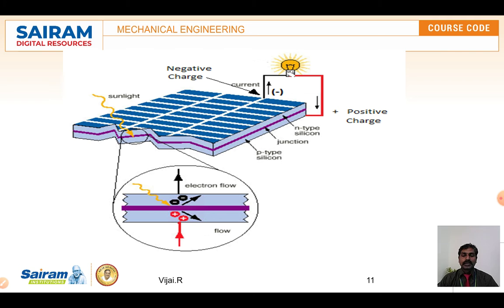Why is it possible? Because of the flow of valence electrons. When a light ray, a packet of energy, falls on this plate, it is absorbed by the n-type silicon, and electrons can be produced, and the valence electron tries to move from one end to another.